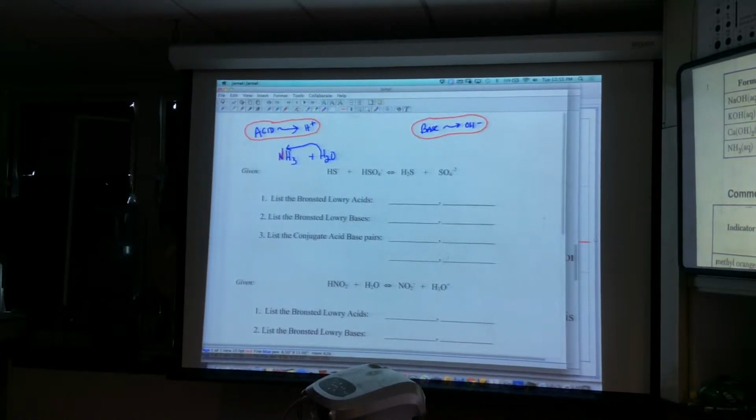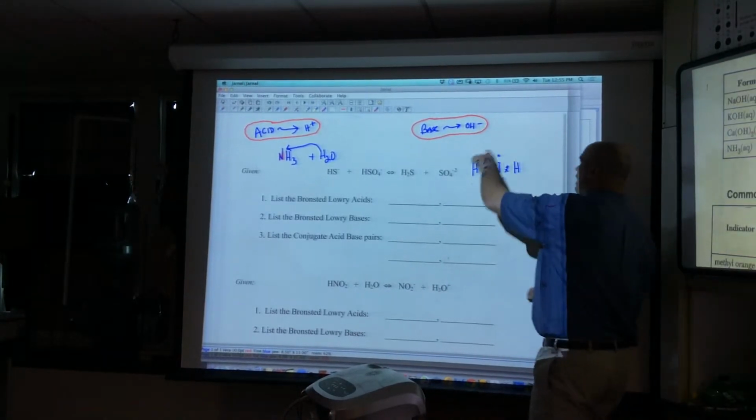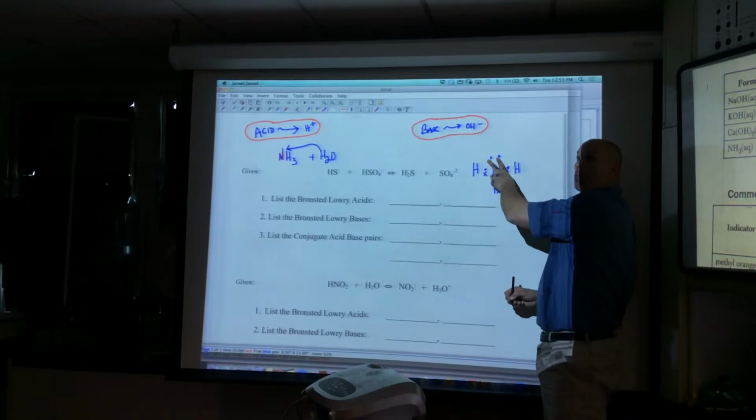You may say, well, how does it do that? Remember, we're back to bonding again. Nitrogen has 5 valence electrons, and each H brings 1. What's that rule nitrogen follows? It wants to have a stable 8, or octet.